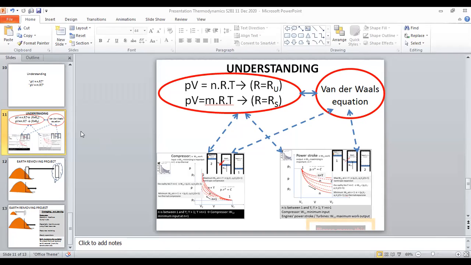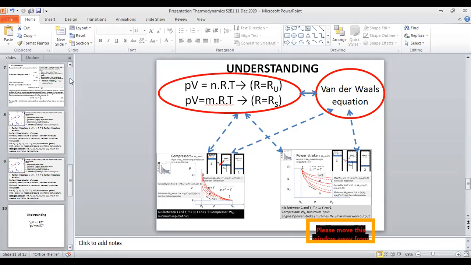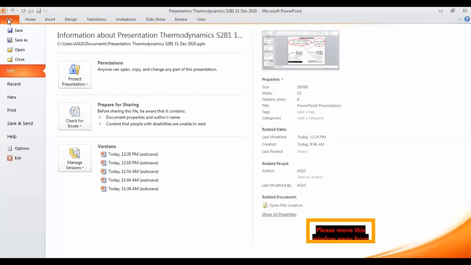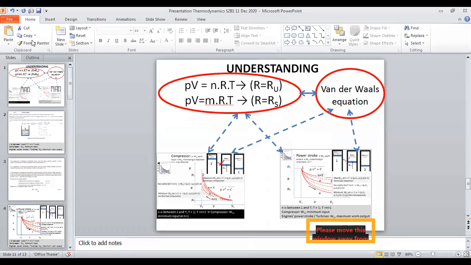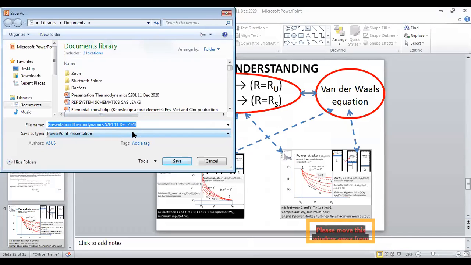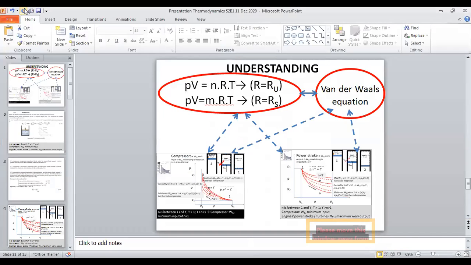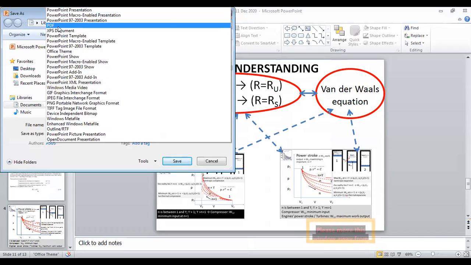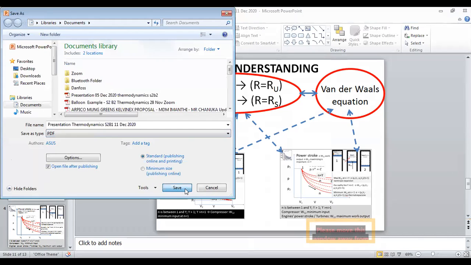Yeah, Putha. I will be sending this file to you today, because without this it may be tough, because there are a lot of background preparations. So let me save this as a PDF.